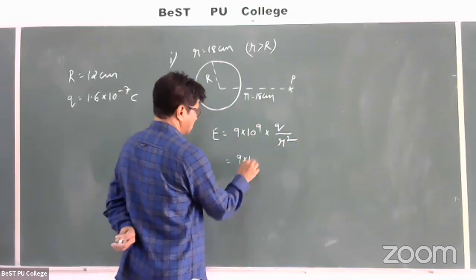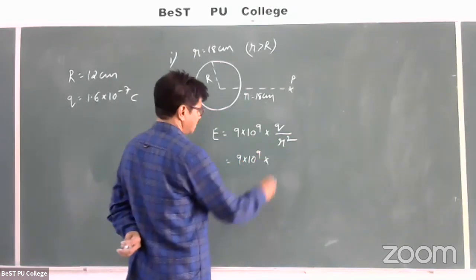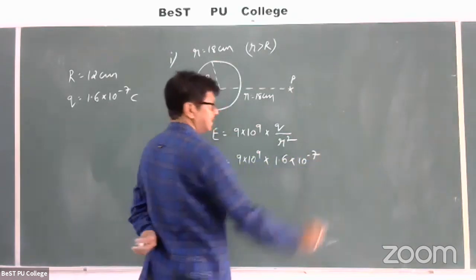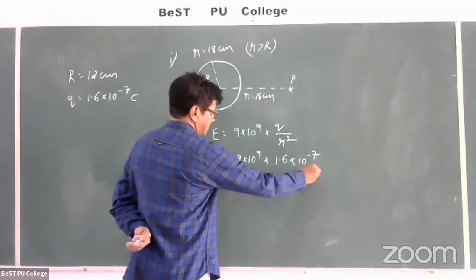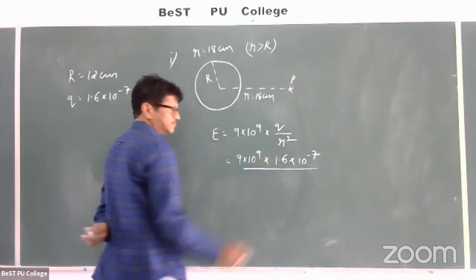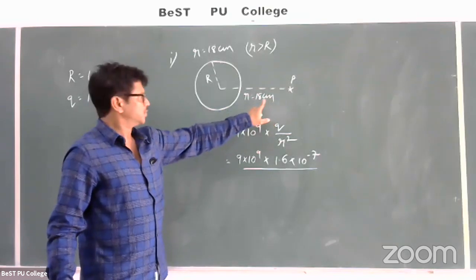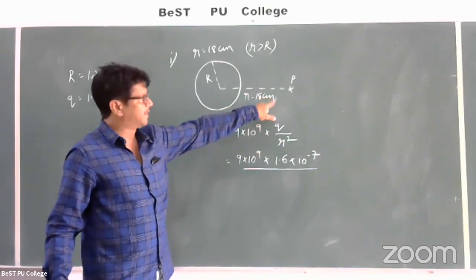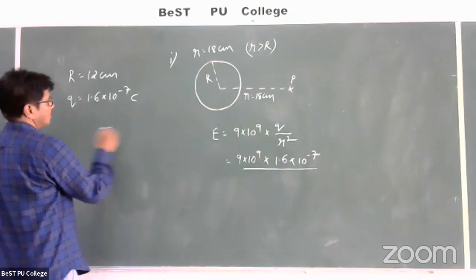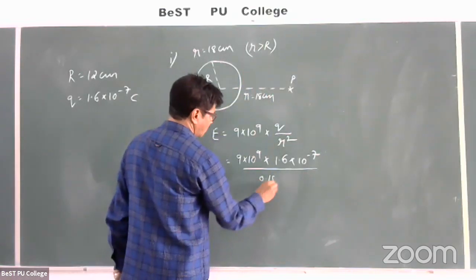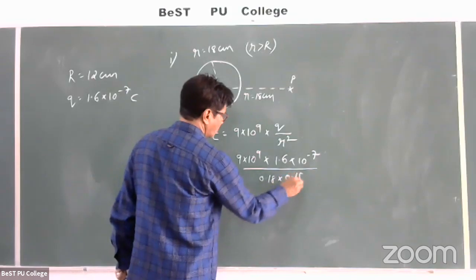So 9 into 10 to the power of 9. The q value is 1.6 into 10 to the power of minus 7, divided by r square. r is 18 centimeter, which is equal to 0.18 meter. So 0.18 into 0.18.